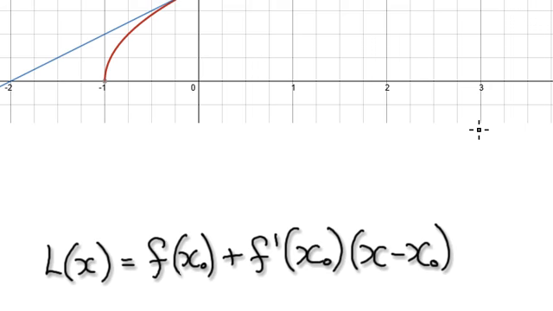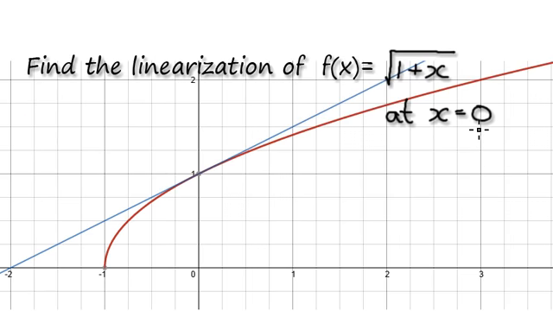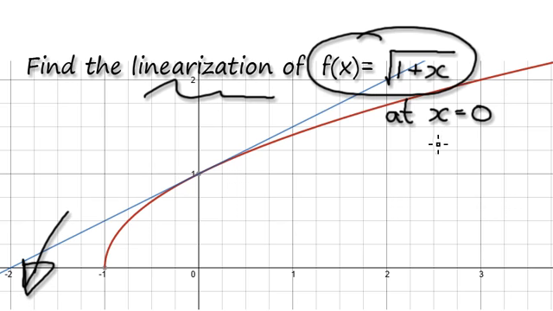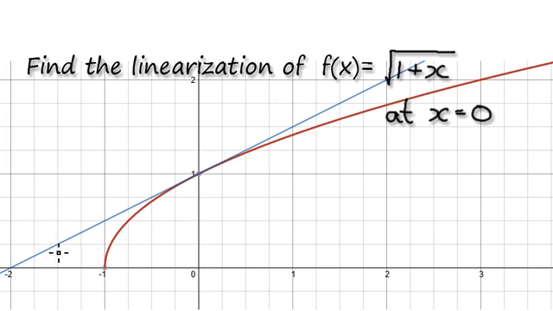Well, try it for yourself. You see what I mean? Anyway, press pause and have a go. Find the linearization of the red line here at x equals 0. Press pause and have a go.